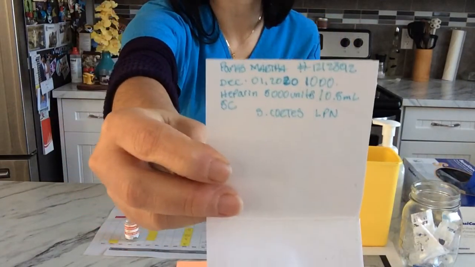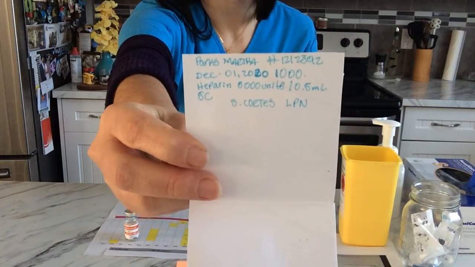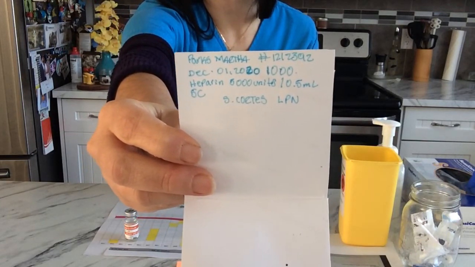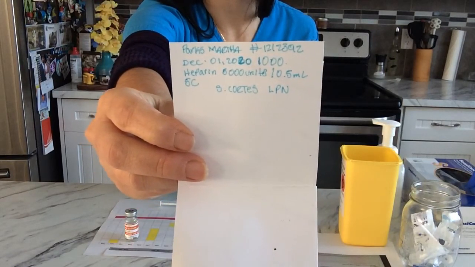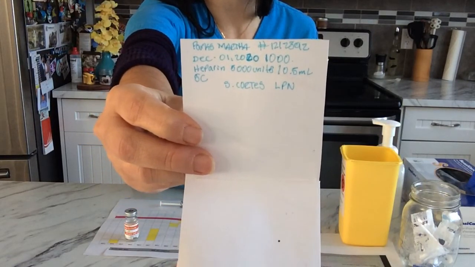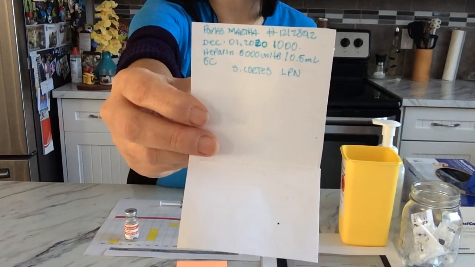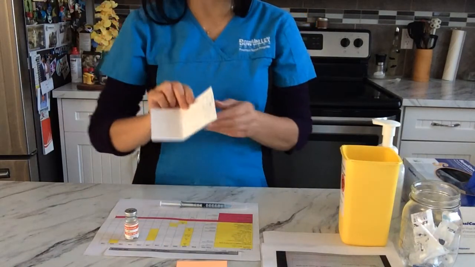Okay, I have patient's name, hospital ID, date and time, heparin 5,000 units, 0.5, subcutaneous route, and my initials.